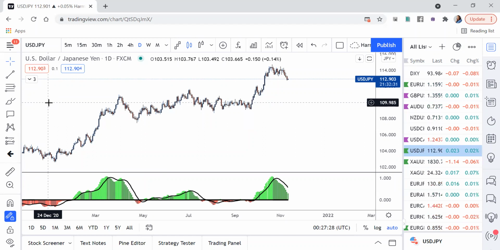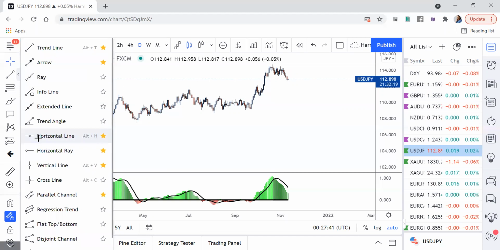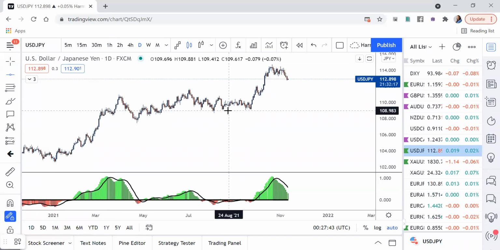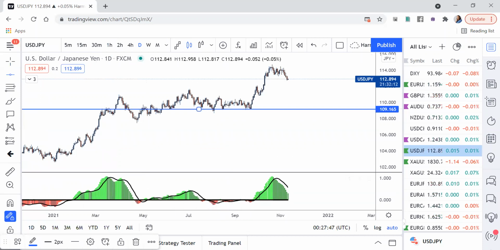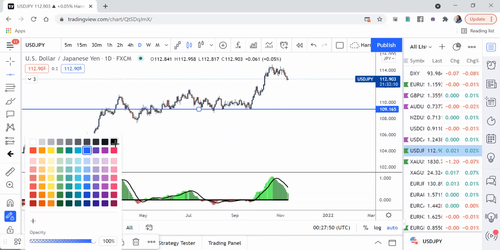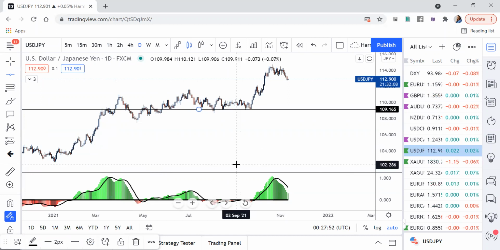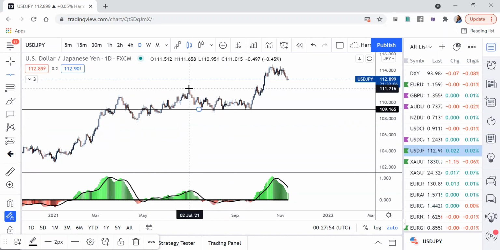So it confirms the highs and lows of the current time frame. For the daily time frame, it's showing me that I have a daily low here. And I have a daily high up here.